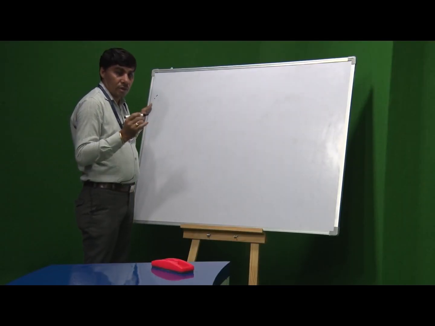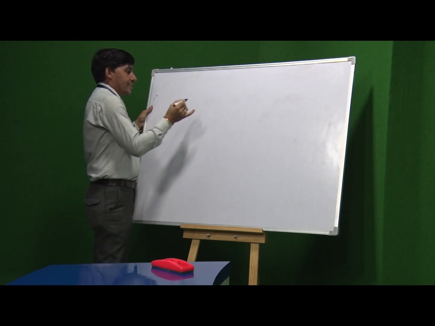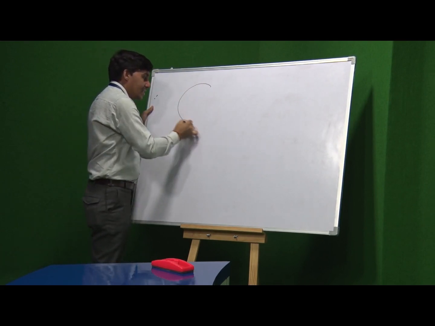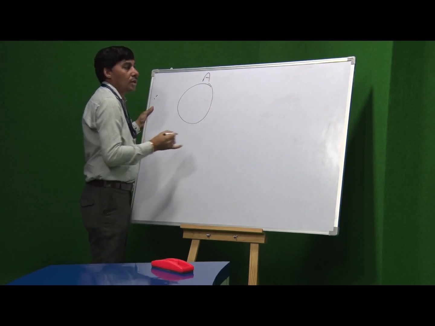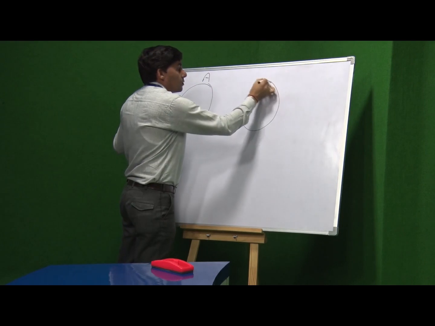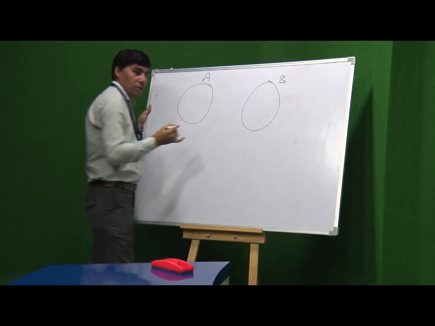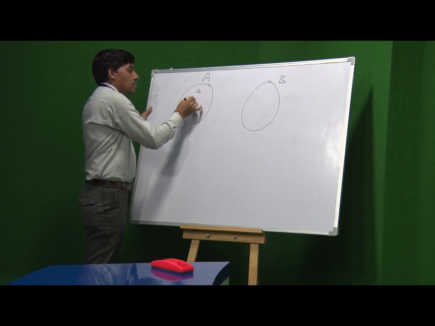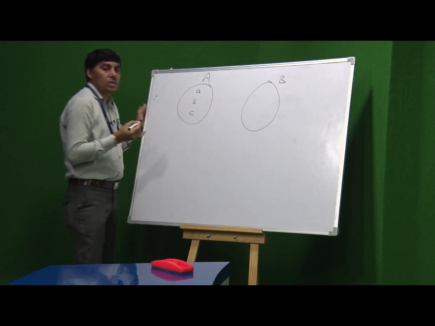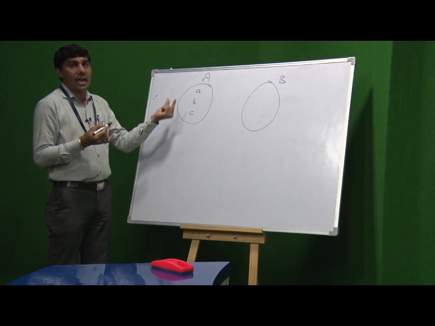See, this is a set, we denote it by capital A. The other set we denote by capital B. These are the sets, and the elements a, b, c in small letters are the elements of the set.